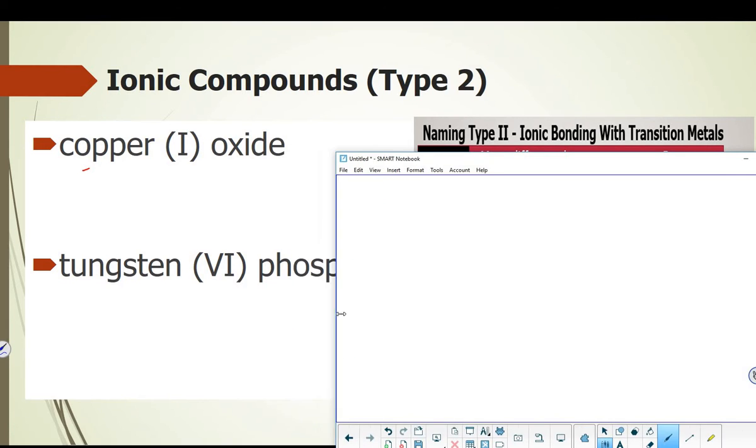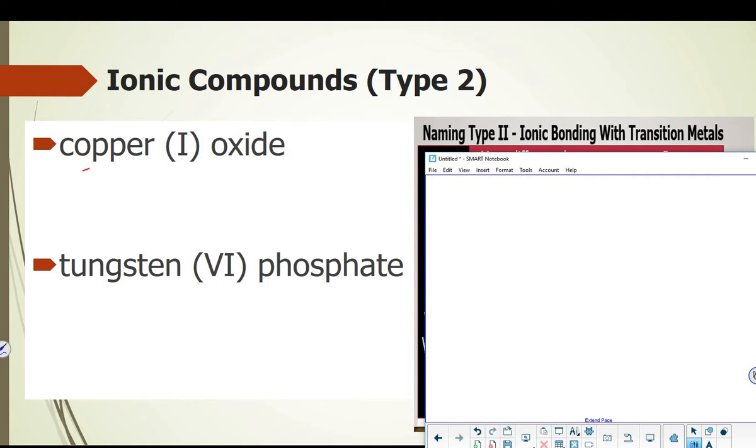So, let me slide this over a little bit so you can have it. So copper 1. The 1 tells me the charge on copper. So copper is a +1. Oxide, what's oxide? Oxygen. And what does oxygen have for a charge?